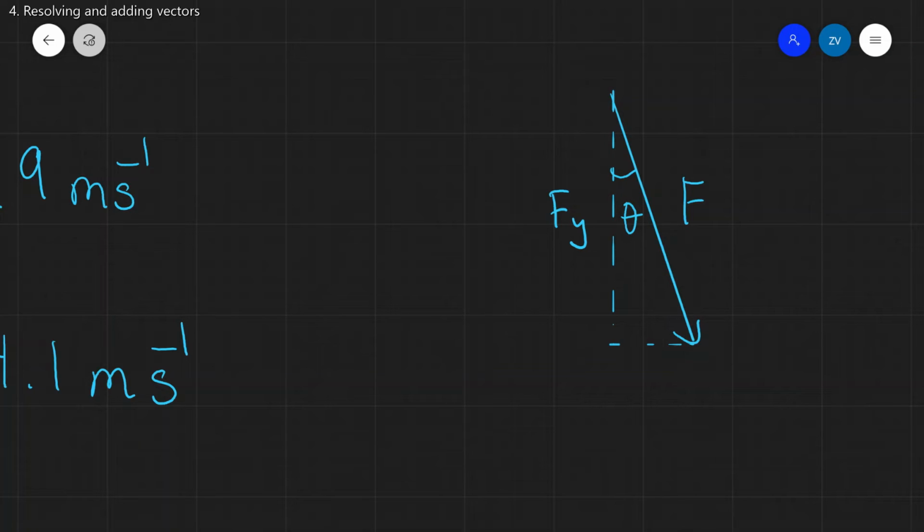So in this particular example, Fy will be given by F cosine of theta, and the horizontal component Fx will be given by F sine of theta. So just ask yourselves if the horizontal component is opposite or adjacent, and then use either the sine or the cosine function.